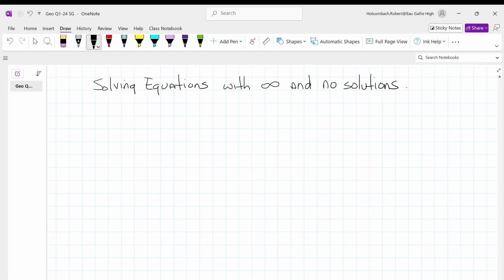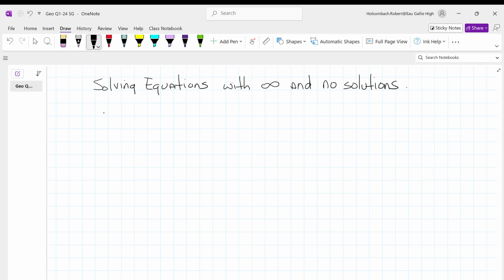So you'll have three types of equations today. One, just regular equations like you've been solving, where there's a value for the variable. Then this is the symbol for infinite. So you'll have some equations that have infinite solutions. And then you'll have other equations that have no solutions.